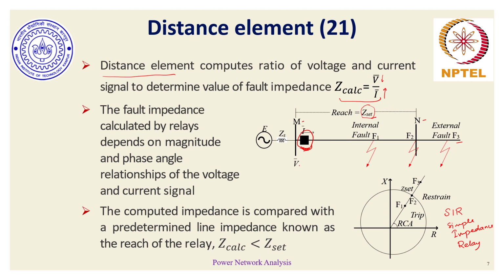In case there is no fault, it would still be sensing that same value. In case a fault has occurred, F1 is the internal fault, so it should operate, and for F3 it should restrain. So this is the locus of the simple impedance relay on the RX plane, where the inside portion refers to the trip region for the relay to operate, and restrain refers to external faults.